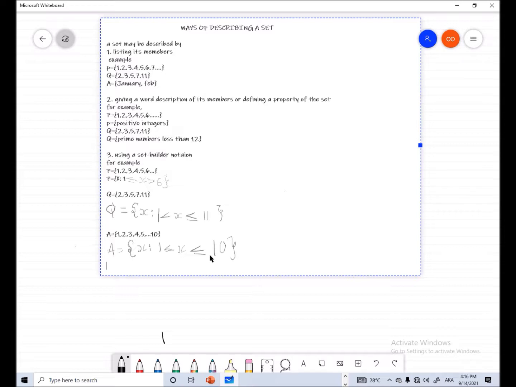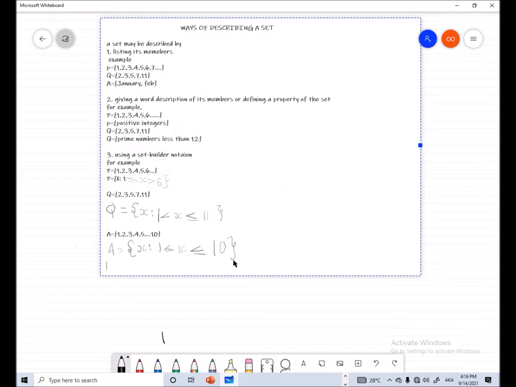This one's set builder notation, which you use when you go to your graph aspect, especially if you are listing the members or the numbers to use at a given range for your graphs.